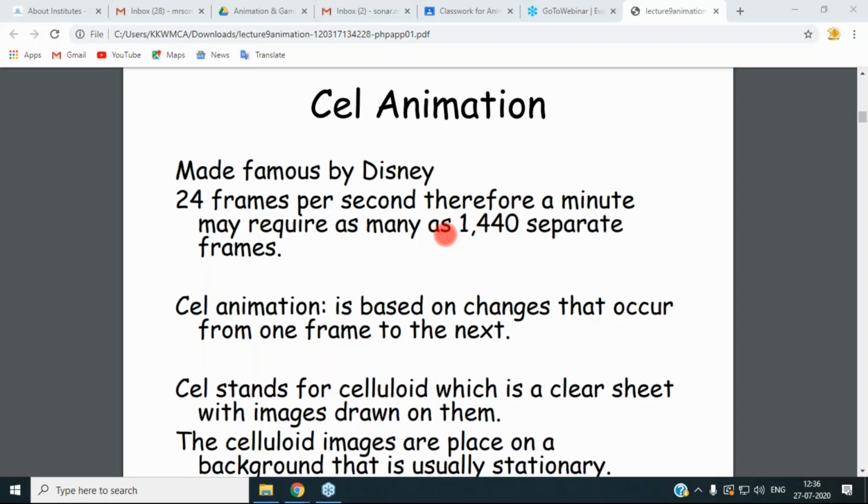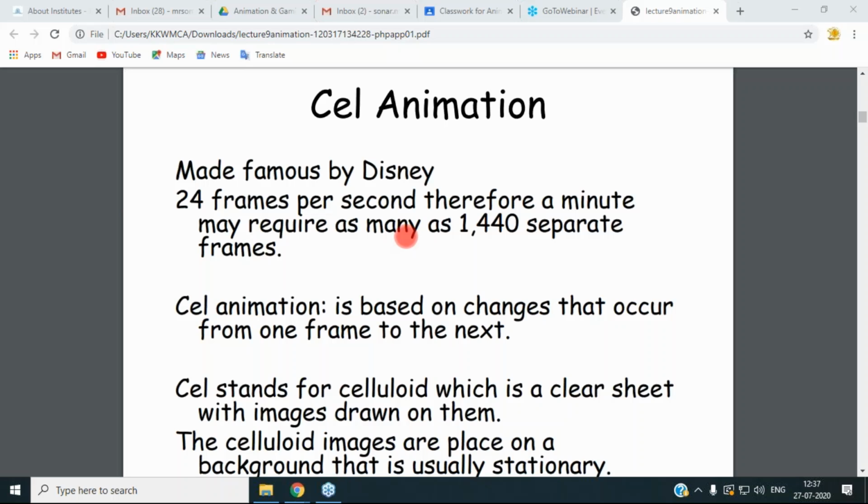In cell animation, we are using 24 frames per second. You can imagine that in a minute we are showing around 1,440 separate frames. As these frames move so rapidly, it creates the illusion of movement. Cell animation is based on changes that occur from one frame to the next. Of course, each frame will be different from the previous one.